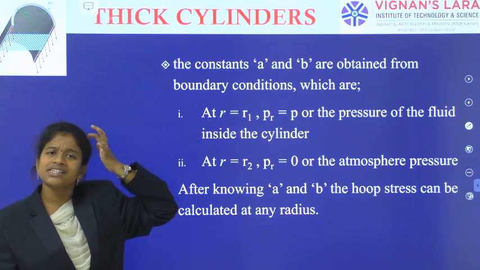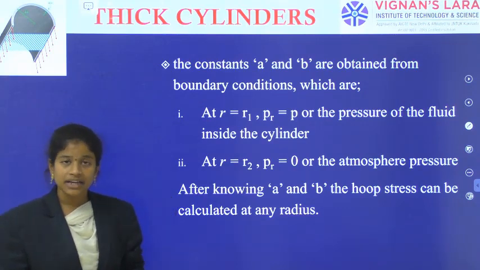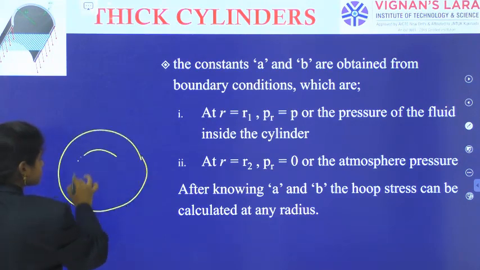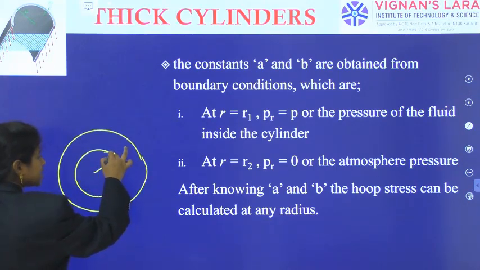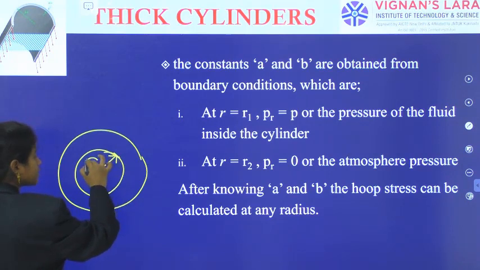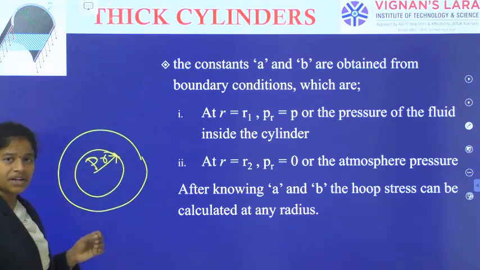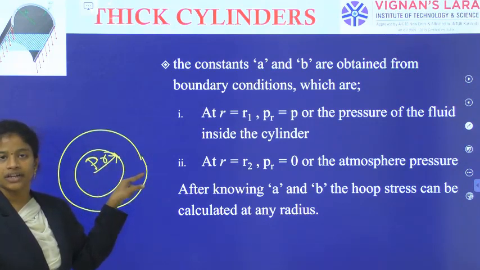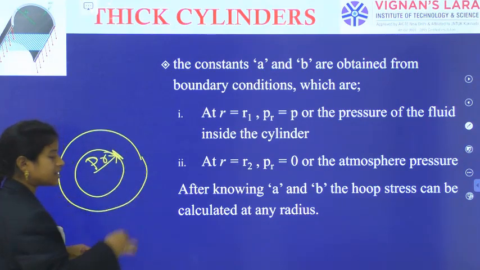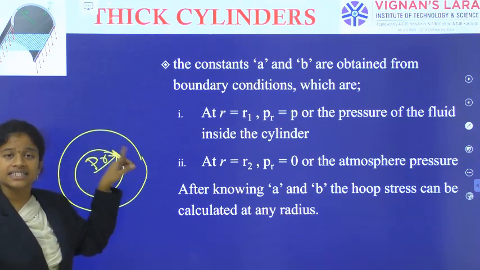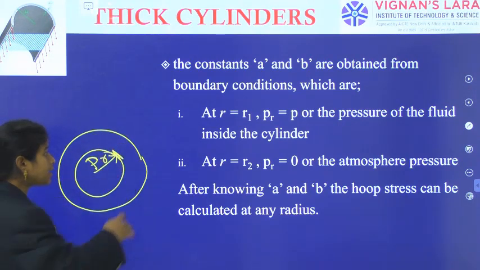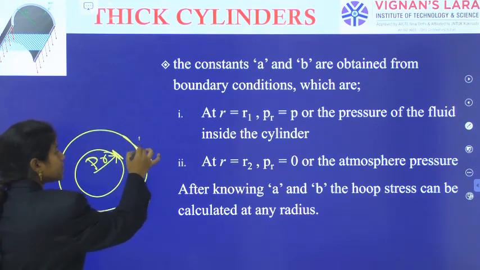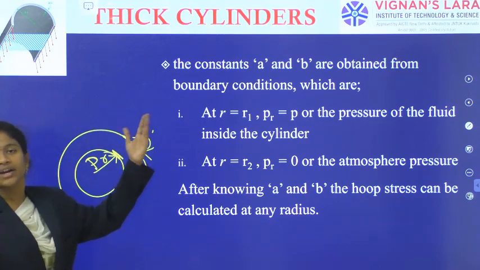So what are the boundary conditions I can use? Inside the cylinder, what is the fluid pressure? The radial pressure inside the walls of the cylinder is its own fluid pressure, and on the outside, when it is kept in the atmosphere as it is, the outside pressure is equal to 0 or the corresponding atmospheric pressure.